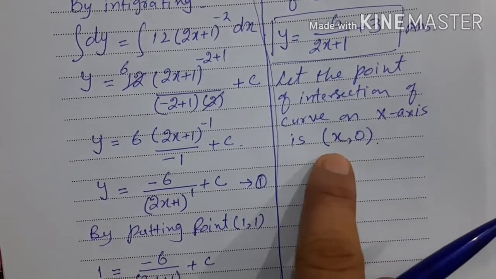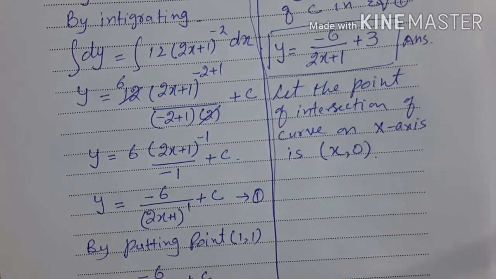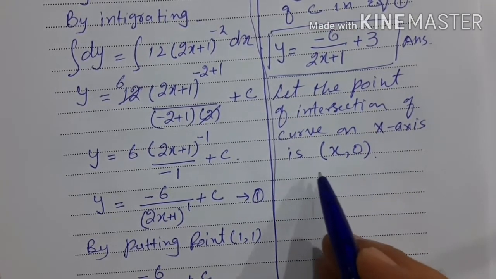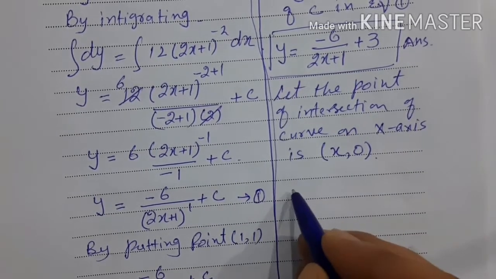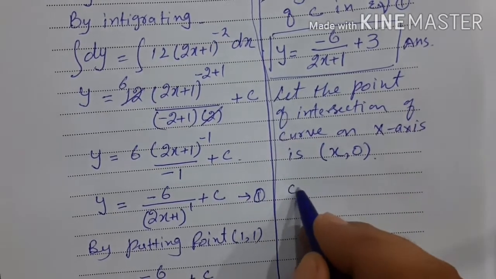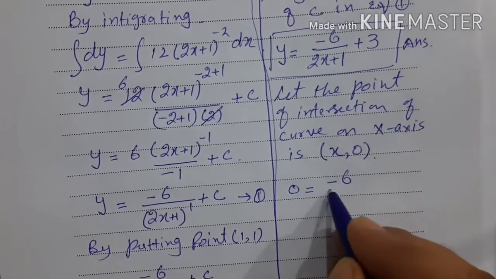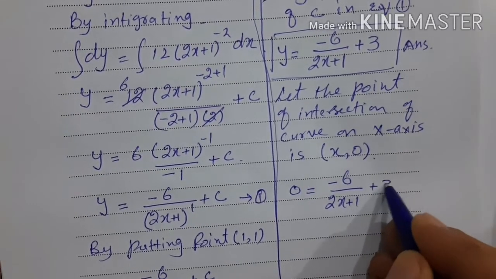So I'll put this point in this equation so that I'll get the final point where the curve cuts the x-axis. I'll put y is equal to 0 here and x is equal to x. So 0 is equal to minus 6 over (2x plus 1), plus 3.